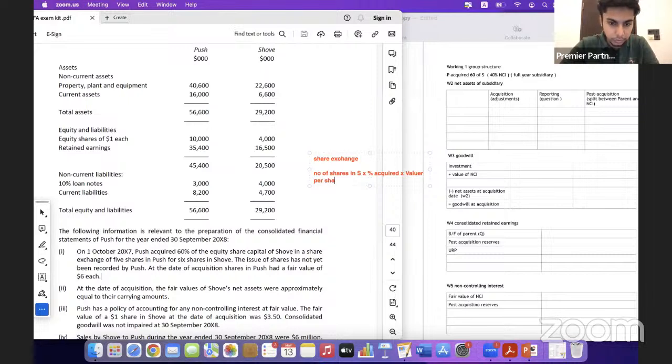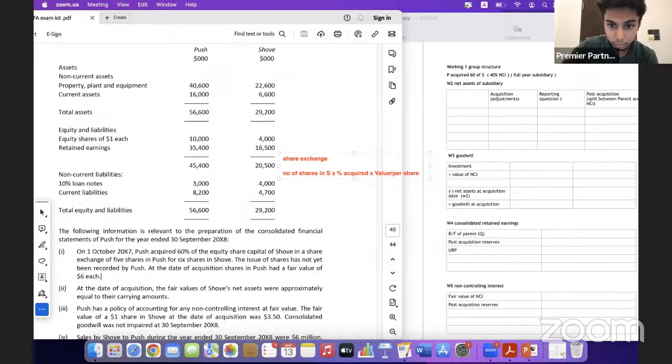This is what you need to do. Normally, if you go for a share exchange, this is the formula that you should use in order to find the answer. First of all, can you copy this down somewhere if you want? And can you try to use this formula and try to get the value, if possible?